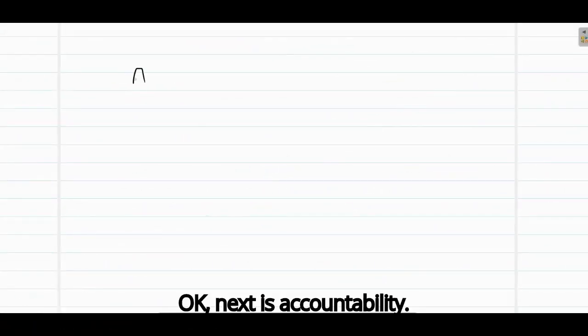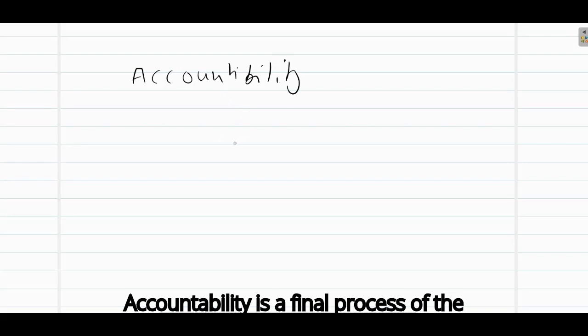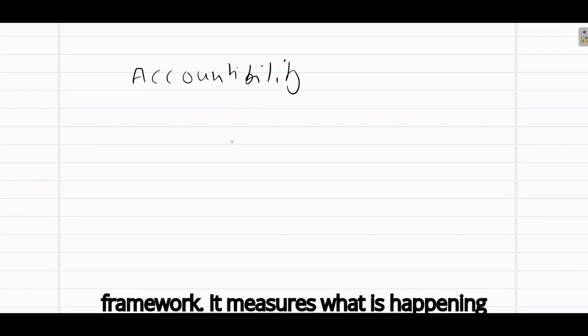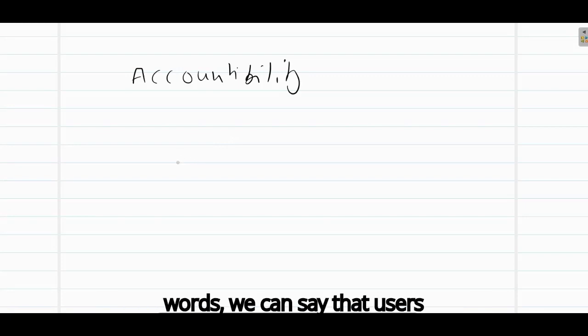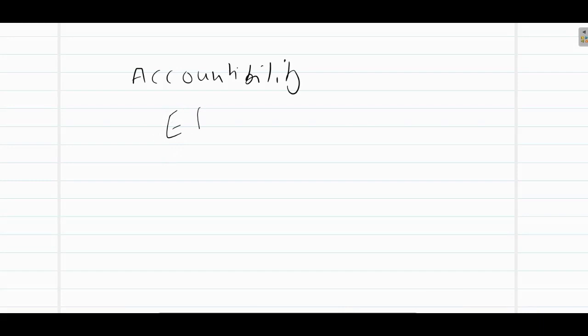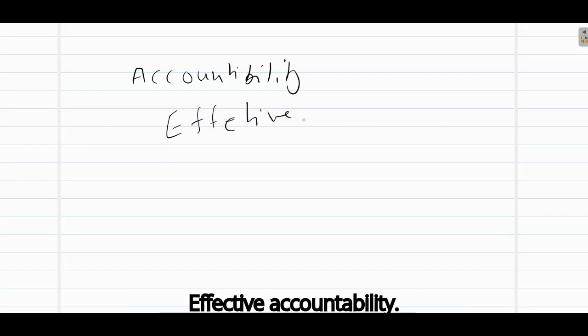Okay, next is accountability. Accountability is the final process of the framework. It measures what is happening within the network or system. In other words, we can say that users are responsible for their actions and activities. Effective accountability depends on users' identity and tracking their activities or actions.